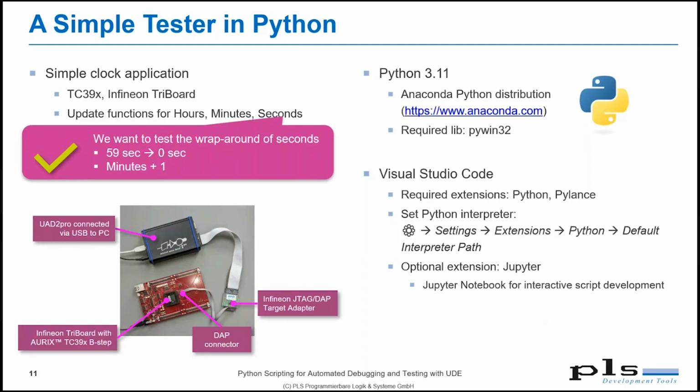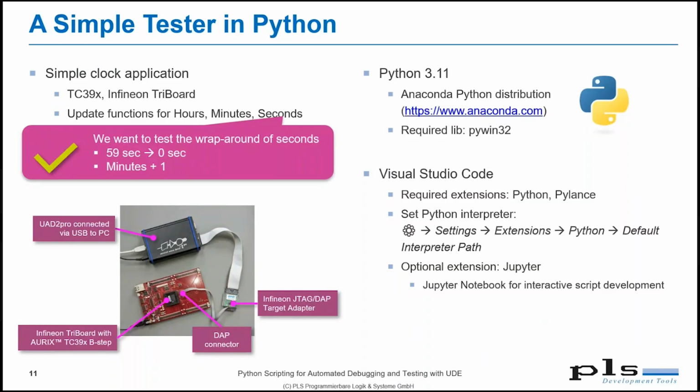And for writing the scripts in Visual Studio Code, you will need to install some extensions, that are Python and PLS. And then you need to set up the Python interpreter because Visual Studio Code itself does not contain an interpreter. But this will not be shown yet in the demo, so it's just for your information if you want to use Visual Studio Code.